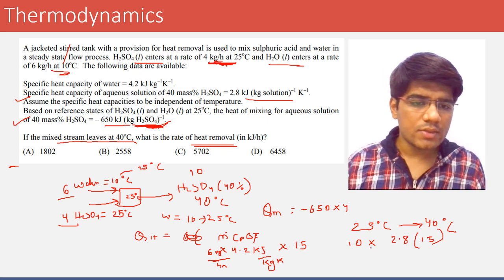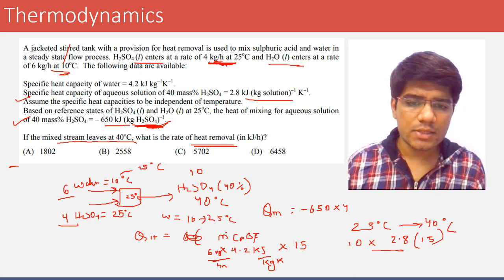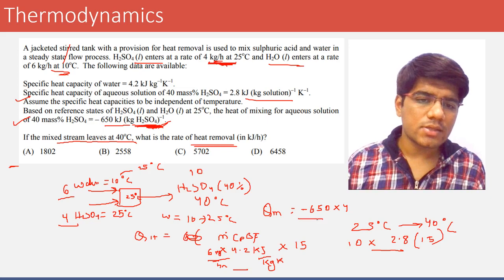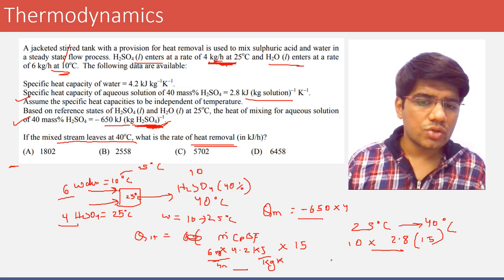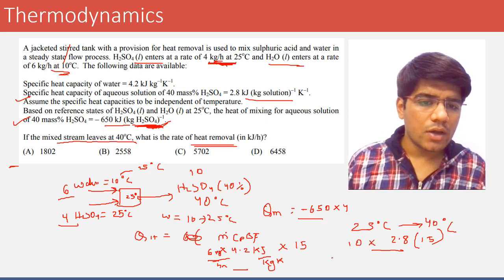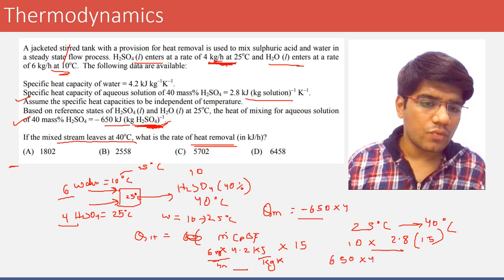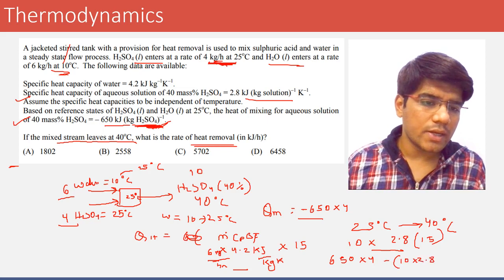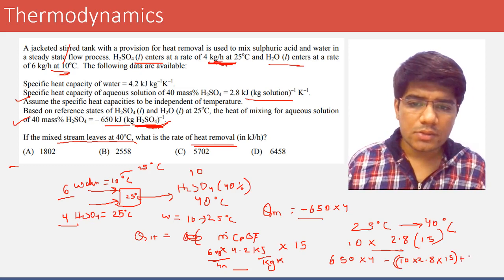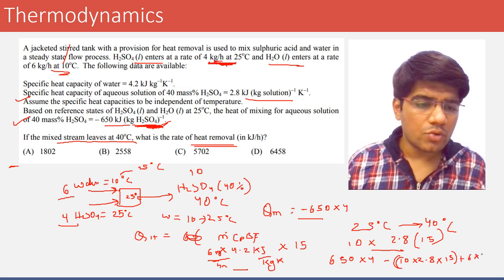Now this heat is going in, and this is coming out. So this will be in the form of 650 into 4 minus 10 into 2.8 into 15, and the next will be plus, for water, 6 into 4.2 into 15.